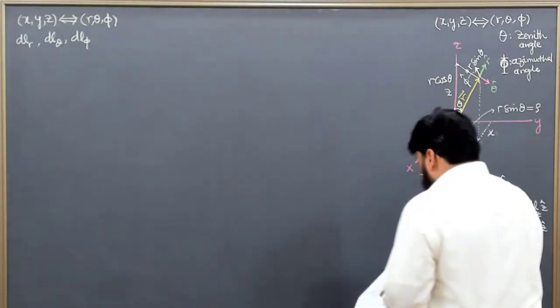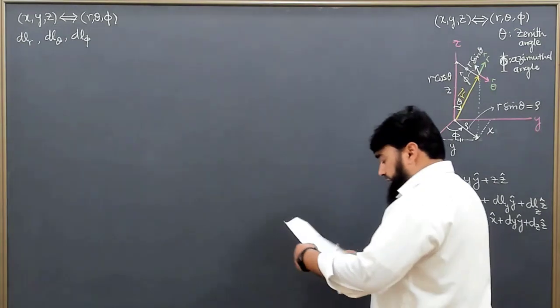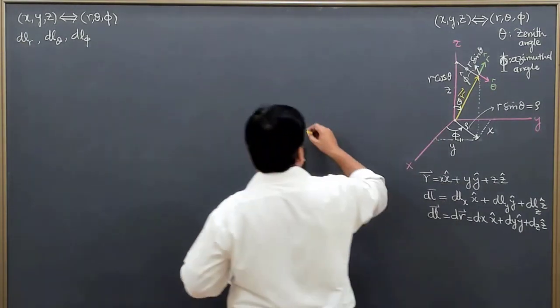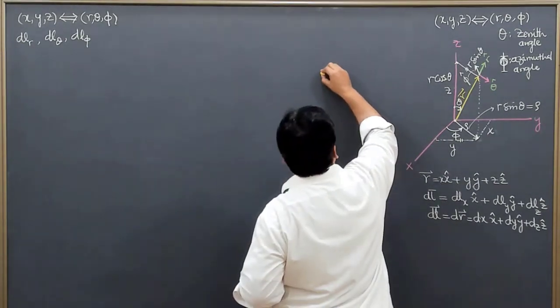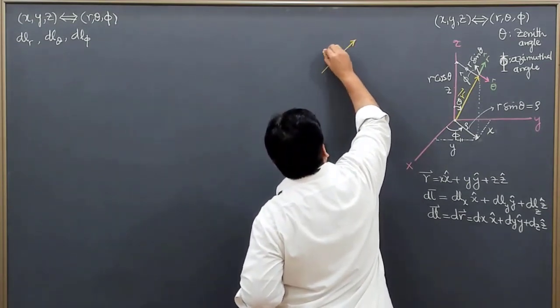For example, this is our r unit vector, and here this is our r vector.